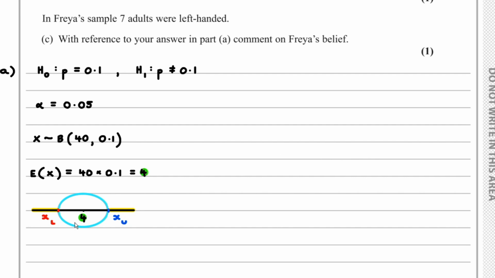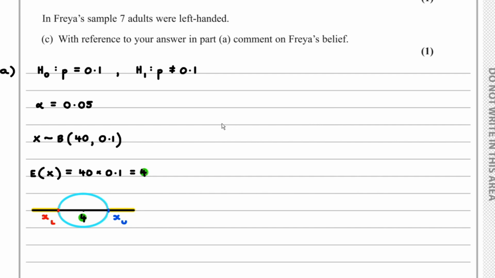We've got the expected value of 4, we've got a critical point X lower and another critical point X upper, and anything to the left of X lower or anything to the right of X upper is where we would reject H0, and anything within this region is where we would not reject H0.